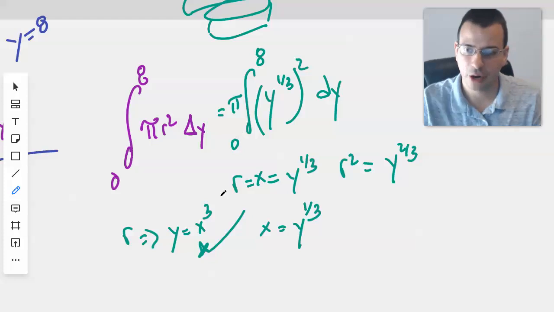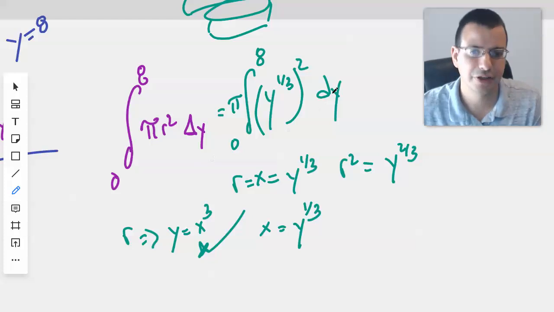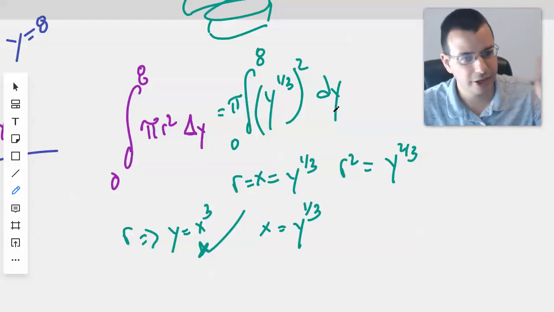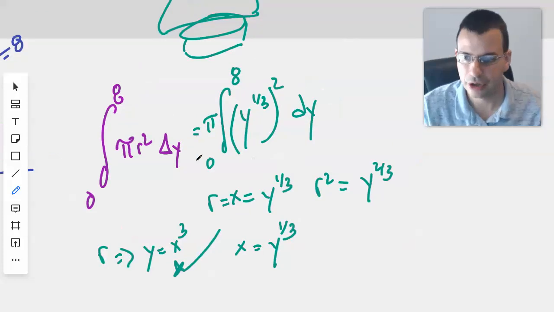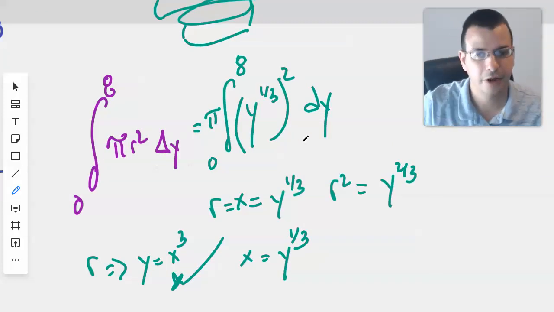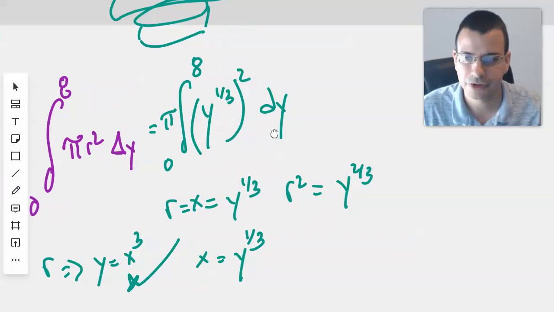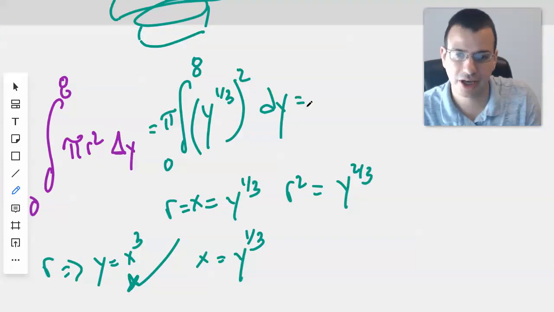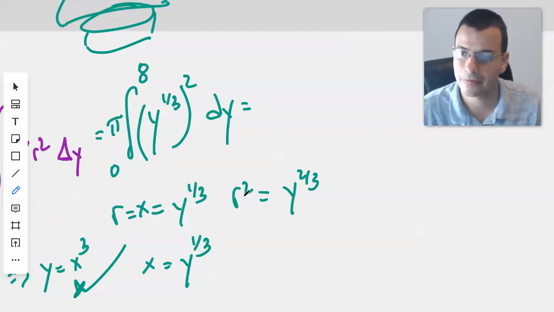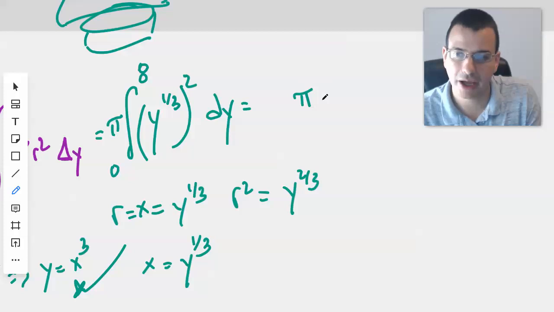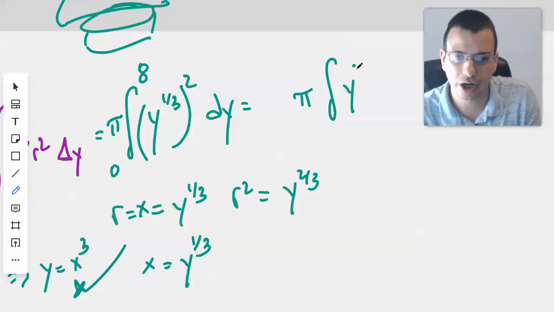I like to start out with delta y because it helps me visualize it, and then I like to move it over to a dy to be like, all right, I'm actually going to do the integral. This is more visual for me, while with the dy, that's more mathematical. So the idea is get the picture right, and then after you have the picture right, do the math. Okay, so we have pi integral y to the 2/3 dy.